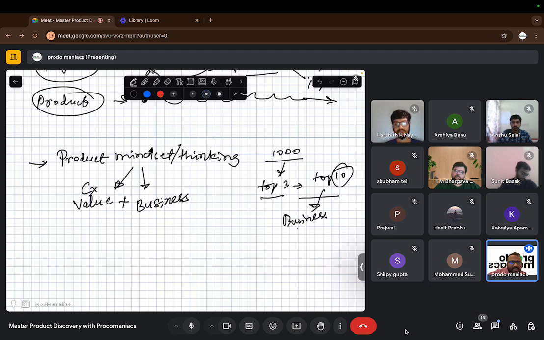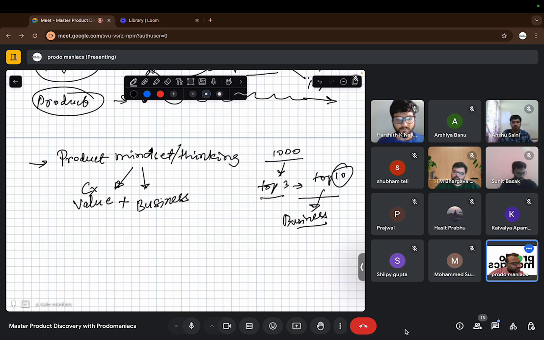Out of all these 10 credit cards, who is going to give you more business? That is where the product mindset comes into play. Because there is no way you can always satisfy the entire algorithm based on the user inputs. There are going to be similar outputs from that particular algorithm. So that is where the product mindset comes into play.